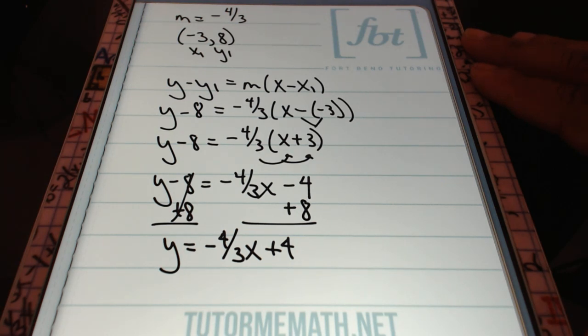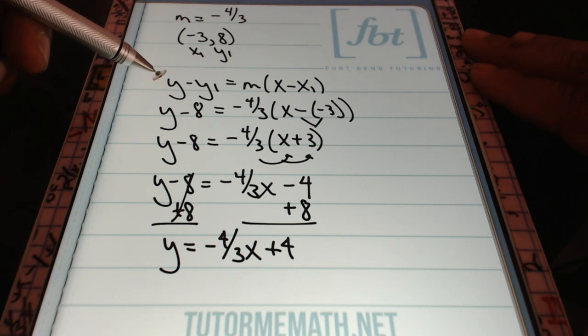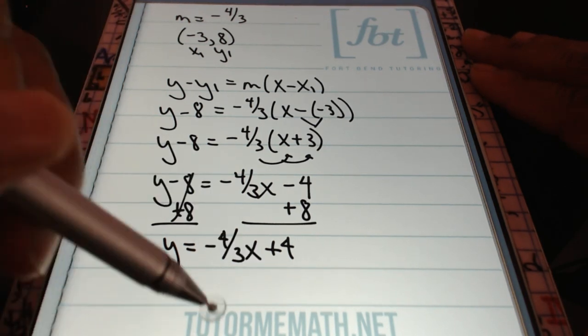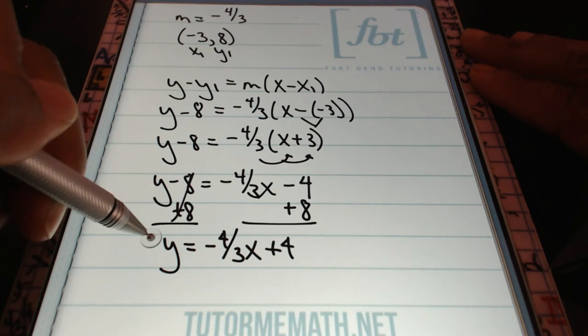And yes, guys, you could use the slope-intercept form to solve that as well. Instead of using your point slope form, as I did right here, this line where I have y minus y1 equals m times the quantity of x minus x1, you could use the slope-intercept form and solve for b and get that answer. You could do that. Just letting you know you got some options.